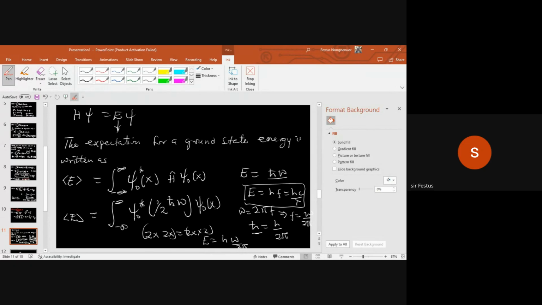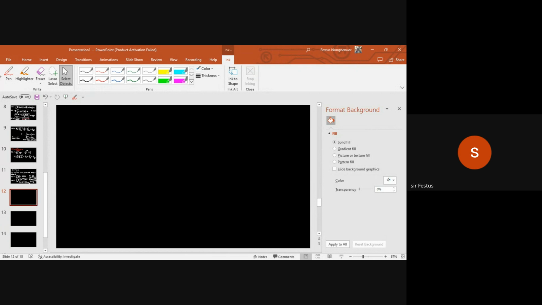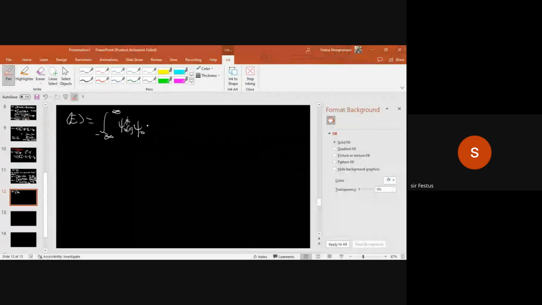So if you do that, my expectation value is nothing but the integral from minus infinity to infinity of psi conjugate, then psi naught of x, then my expectation value, which I have, is half.